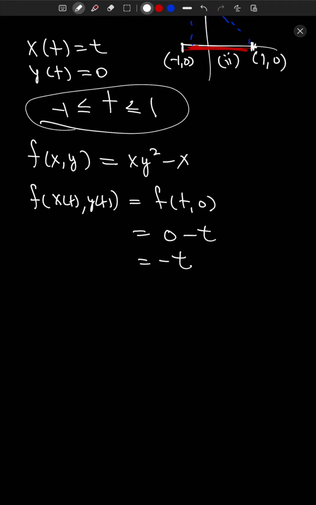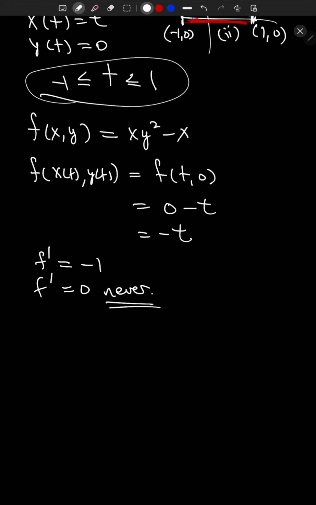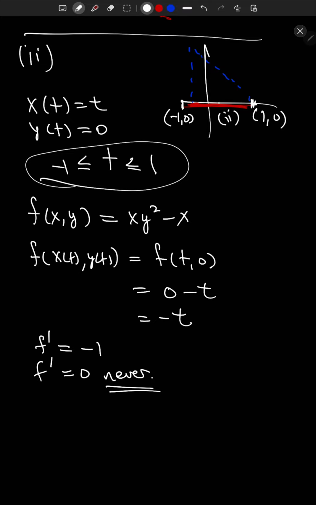This is great news, because it's super simple. f'(t) is equal to -1. f' equals 0, never. So what that means is that there are no candidates from this line segment down here for our absolute max and mins, for the interior.